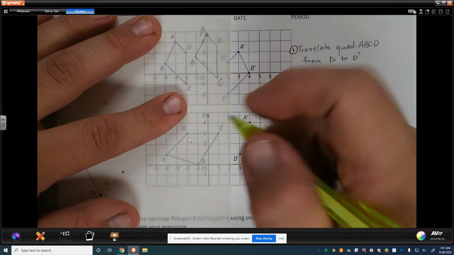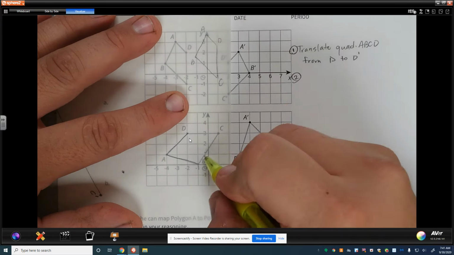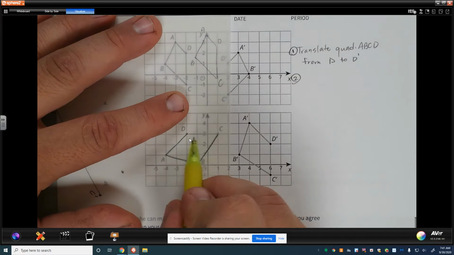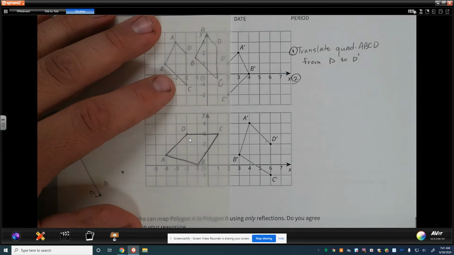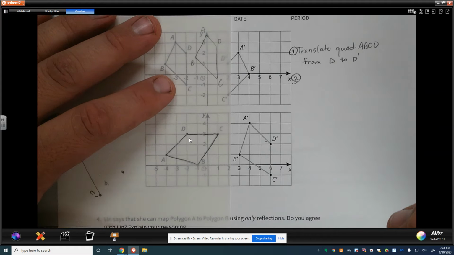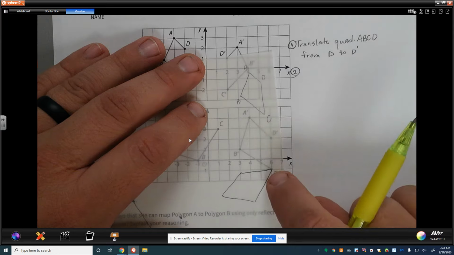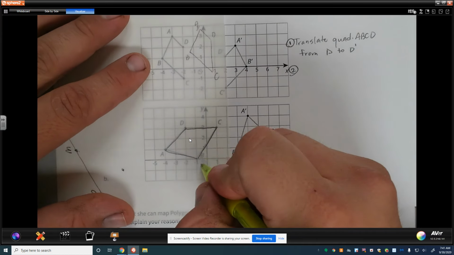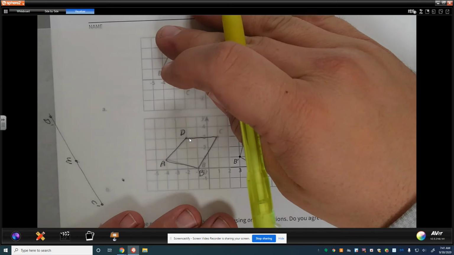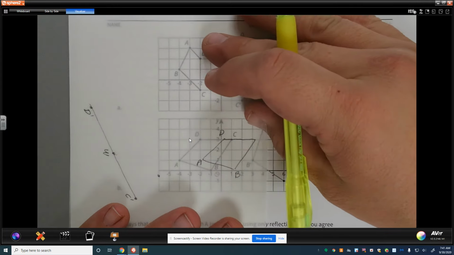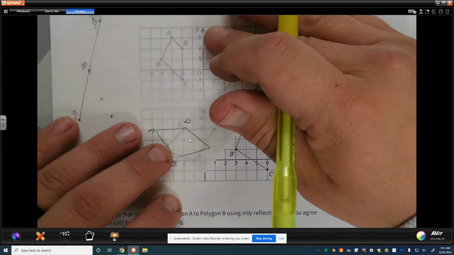The next one, we have quadrilateral ABCD down here. And we need to figure out how to get this figure to its prime figure, or its image. Again, we have a lot of options. I could start by translating over here to figure C. I could start by figuring out the degree of rotations. If I bring this over to the top of this one, or if I look at it to see how do I make this the same.